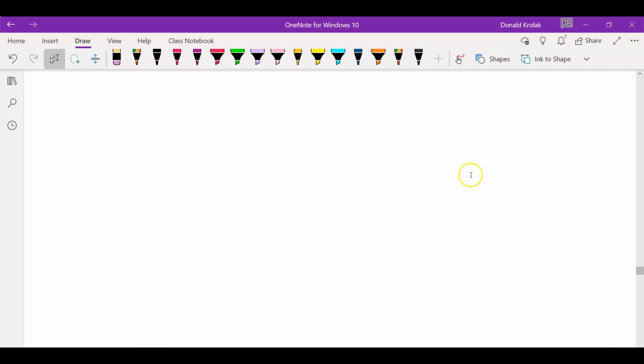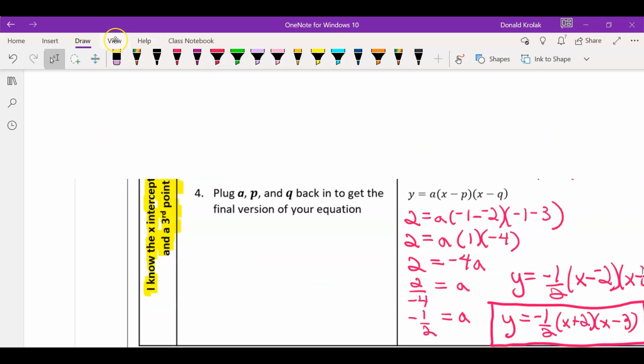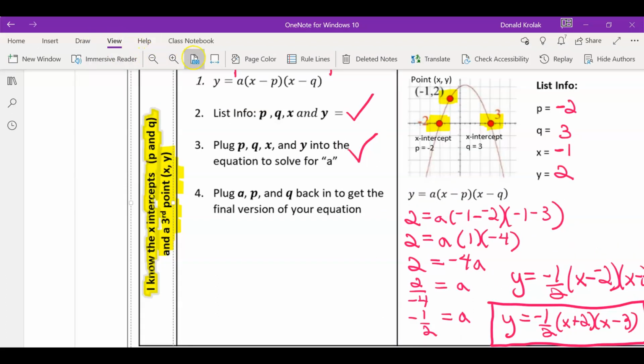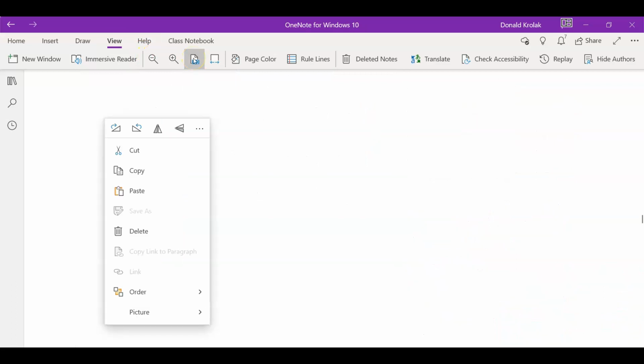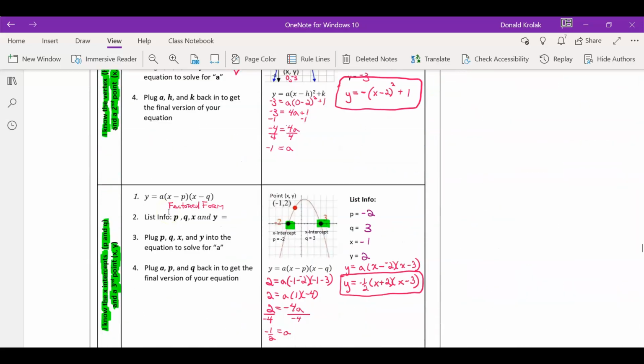Okay, so once you have it here, that's going to be our first root. And then repeat the process, and you're going to get your second root.